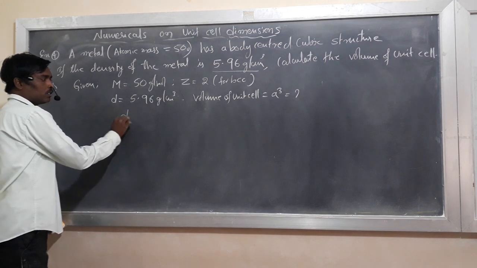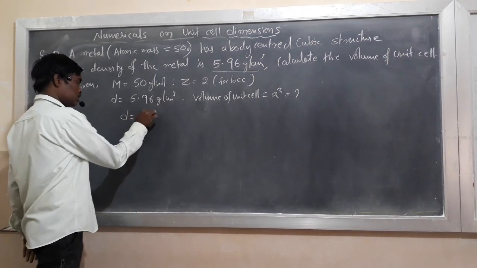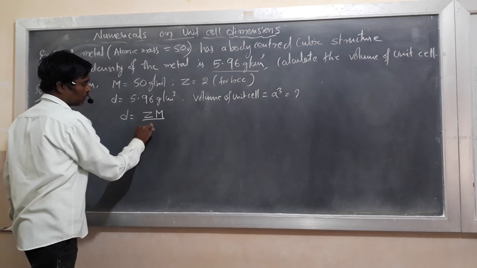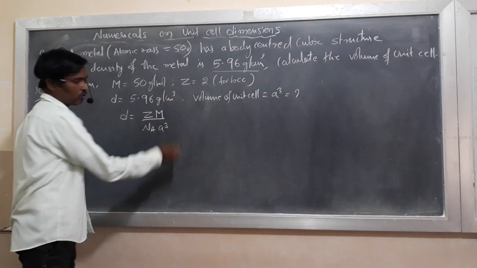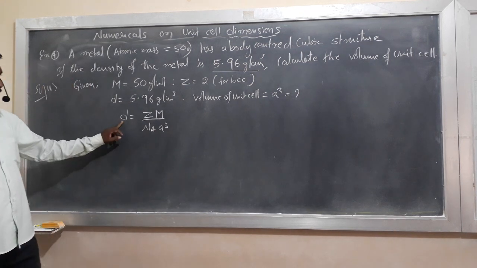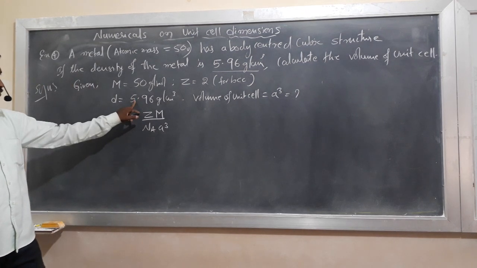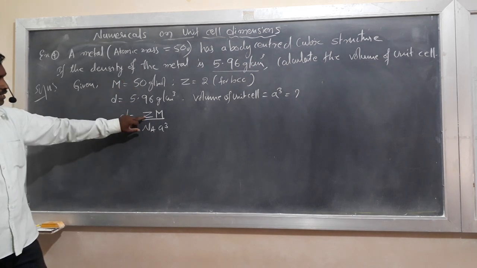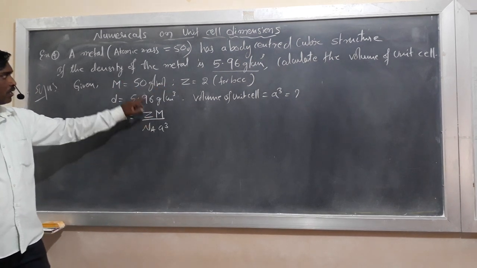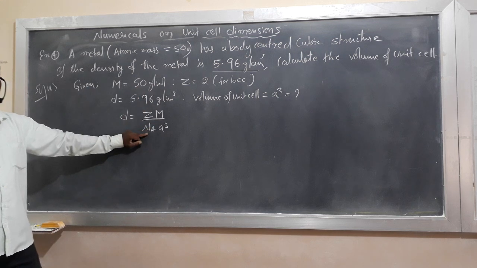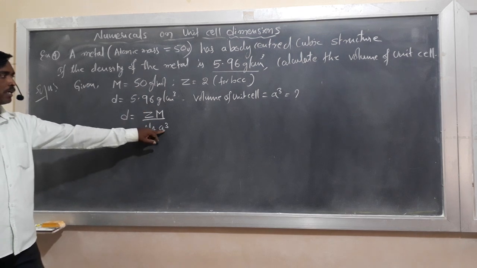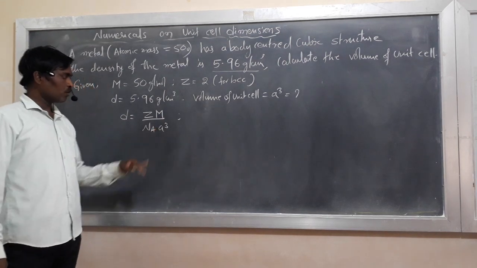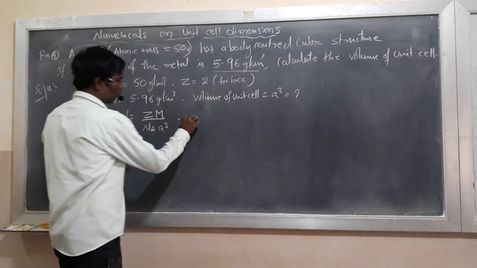The formula is D equal to Z into M divided by Na into a cube. Here D is given as 5.96, Z value is 2, M value is 50, Na is Avogadro's constant, and a cube is the unknown.